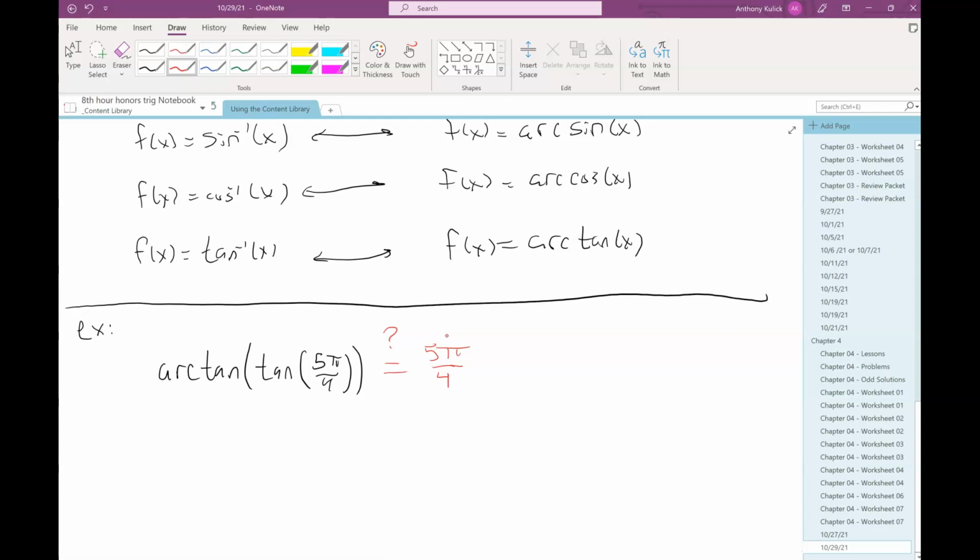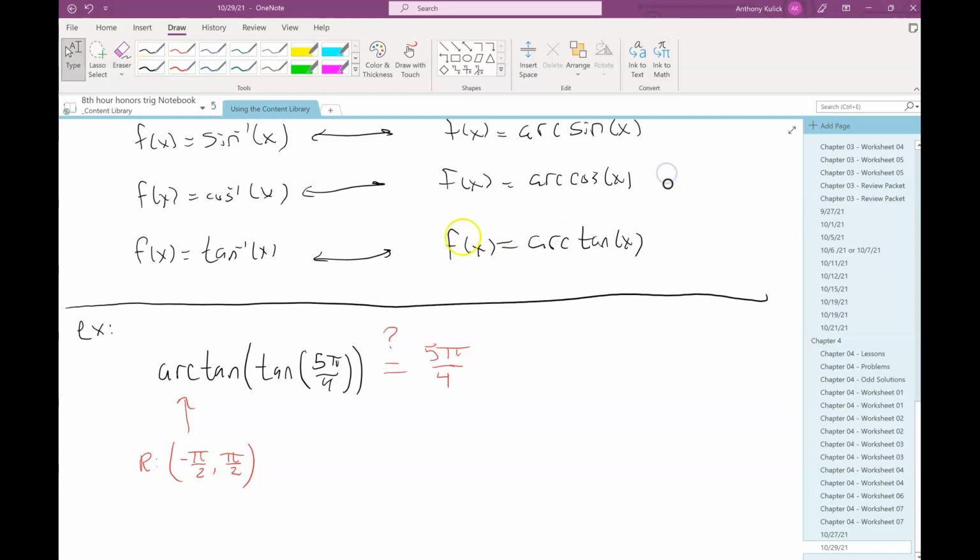No, unfortunately. These two things are acting as inverses, so what's the holdup? Remember the range for tan inverse, or arctan, is negative pi over 2 to positive pi over 2. Is 5 pi over 4 in that interval? No. So can it be output from arctan? No.